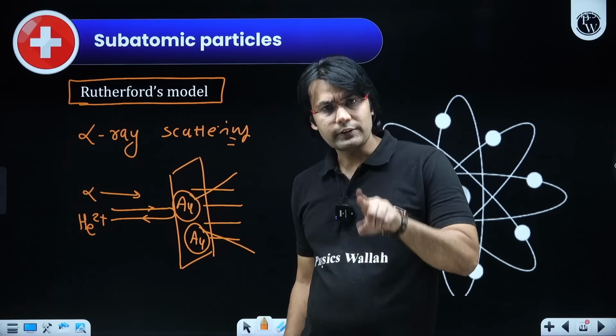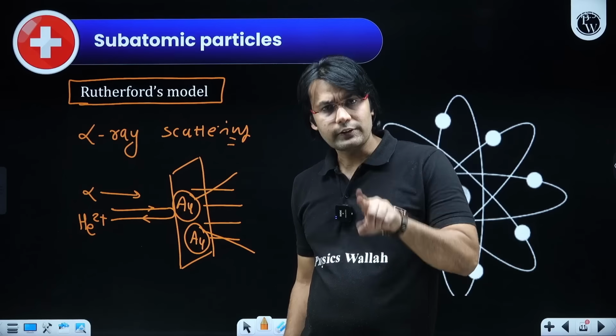Now let us see a very interesting topic, and from this also you get direct questions in your examination. Sometimes they will ask you to calculate the number of orbitals or number of electrons in a given shell or subshell.